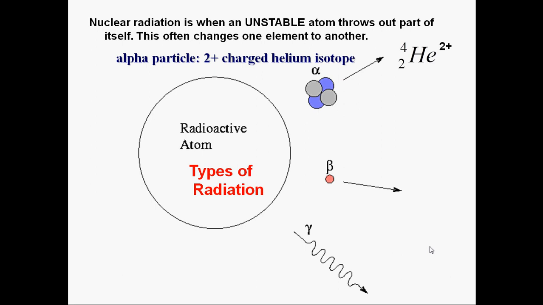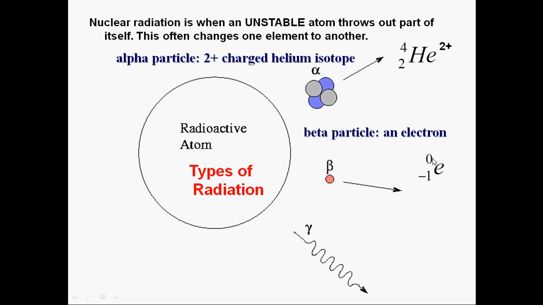Another thing a nucleus can spit out is a beta particle. And a beta particle is just a fancy way of saying an electron. That's really all it is, just an ordinary electron. I don't know why they give it a fancy name other than to sound smart. Now, to represent a beta particle, we use a little e or a beta, which is this funny little Greek letter right here.